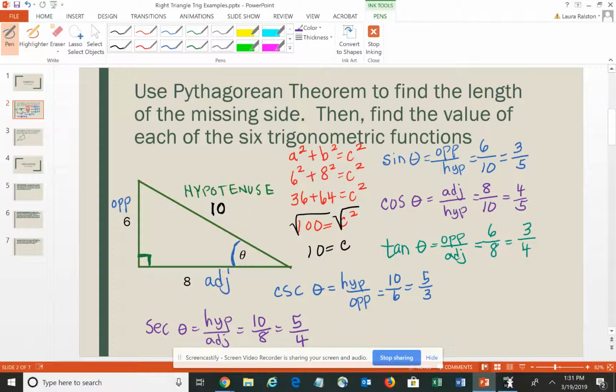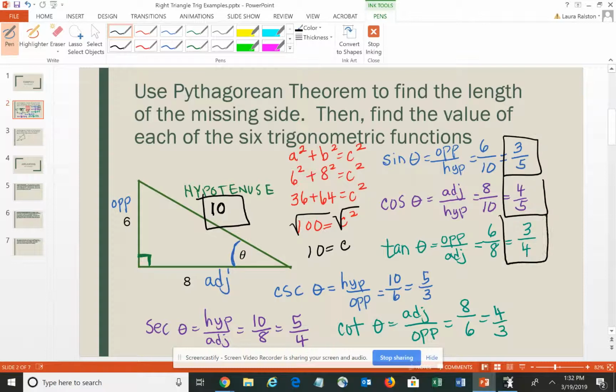And then finally, for cotangent, cotangent of theta is adjacent over opposite, which is 8 over 6 or 4/3. So I have found, as requested, the length of the third side, which in this case was the hypotenuse, and I have found the values of all 6 trigonometric functions for that particular triangle.